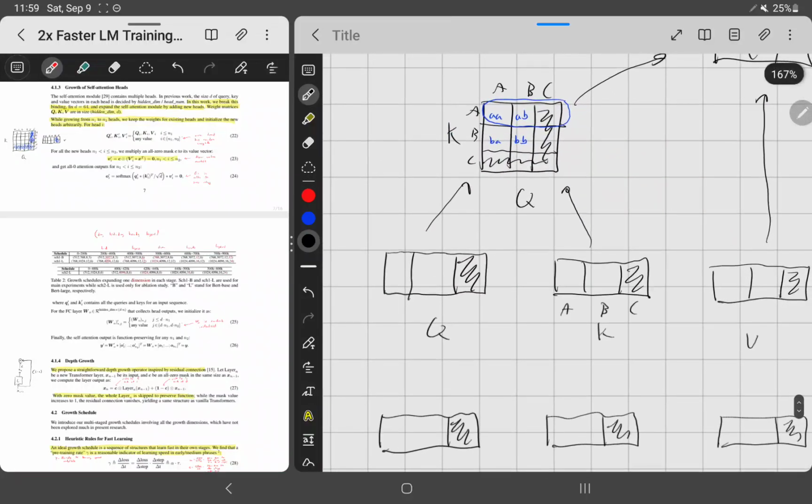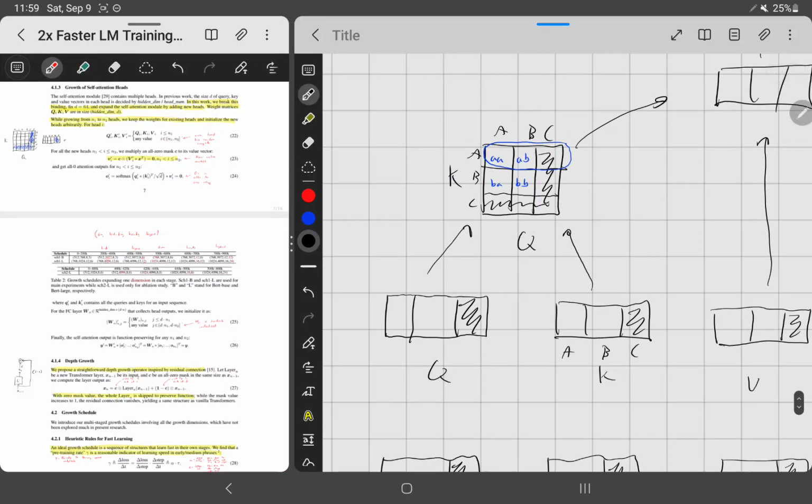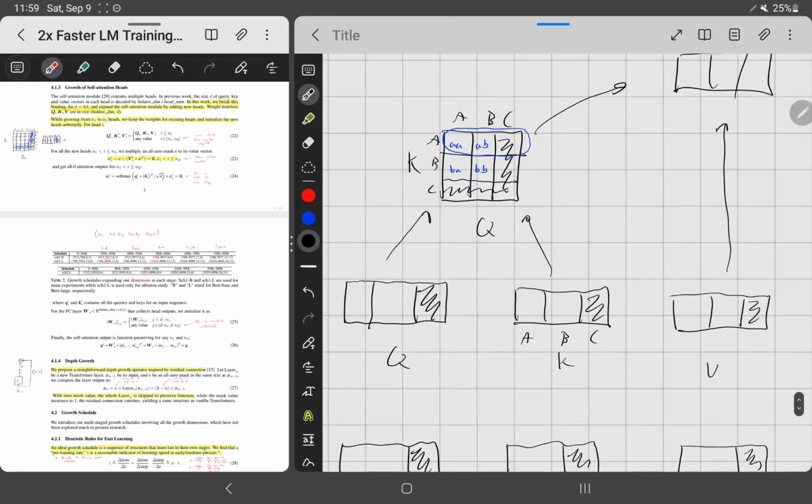So normal behavior, except you're masking your attention by the C vector, 1, 1, 0, according to the new weights. So that's all they do.